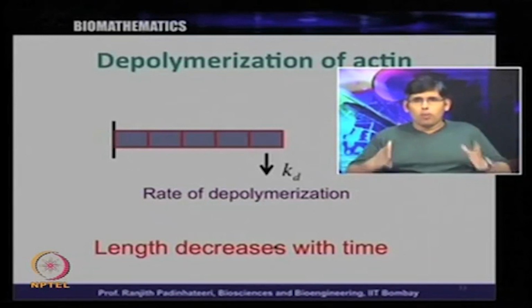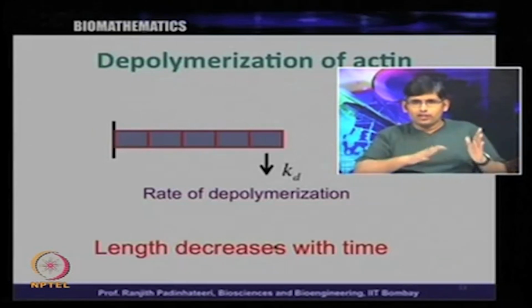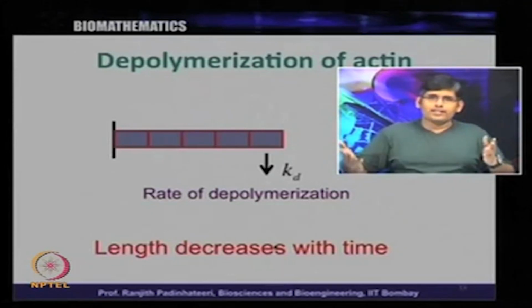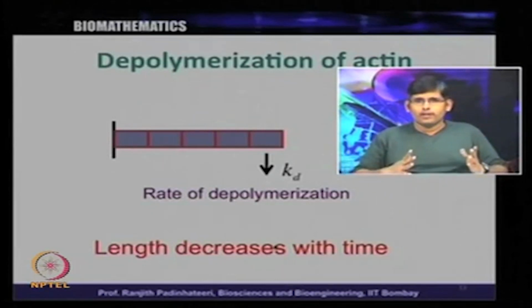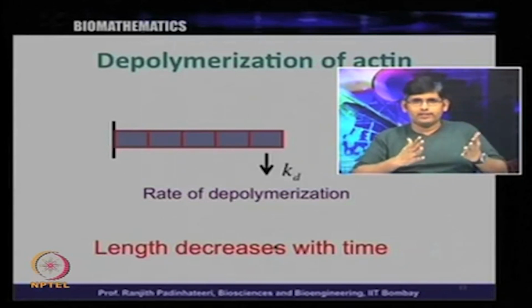So, we have to somehow put in this difference, increase and decrease. They are opposite things. How do we put that in mathematically? As you know, we always use positive as increase and negative as decrease.